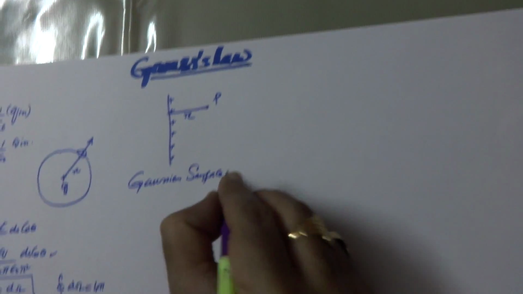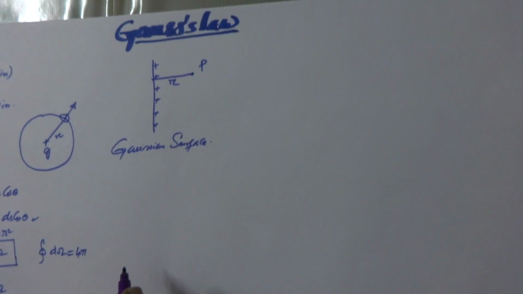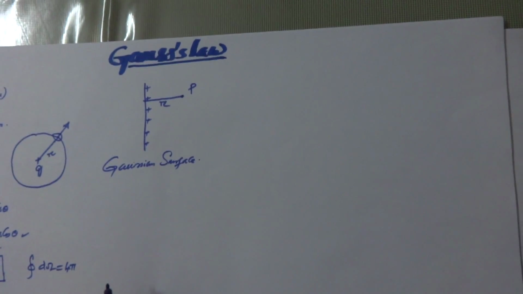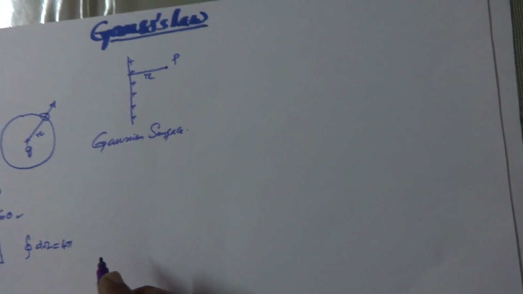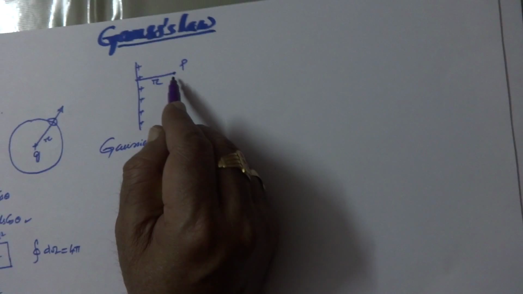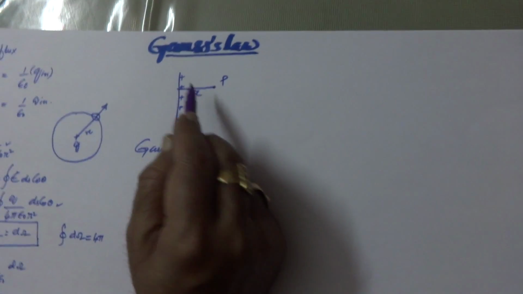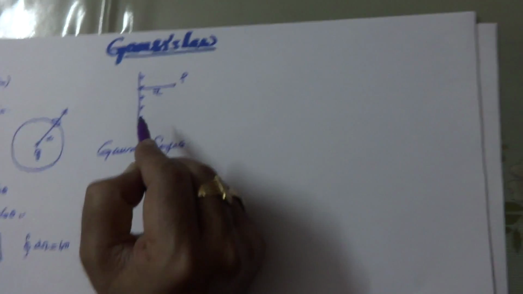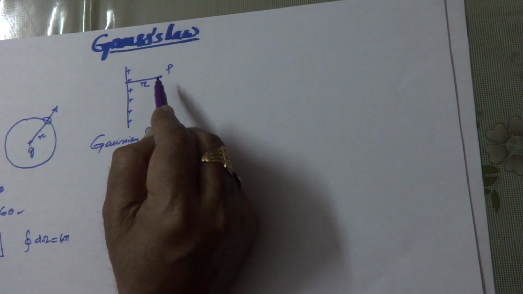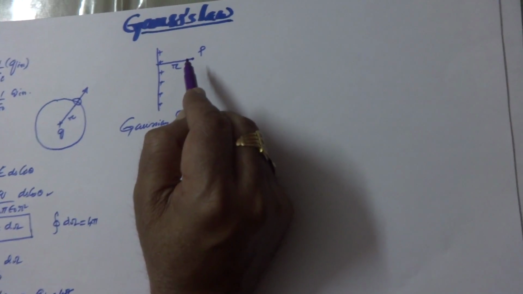Remember, the Gaussian surface must pass through the point of interest. Then second, if the Gaussian surface is symmetrical, it is very convenient to deal with. You can find the electric field at this point by using Coulomb's law also. But if you use Coulomb's law, then we have to resolve the vectors and it will be very complicated.